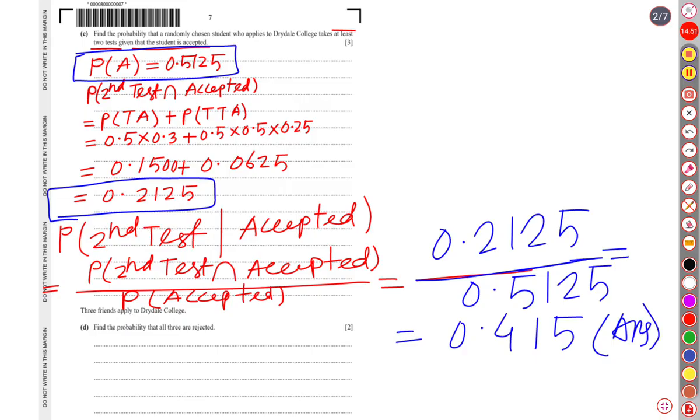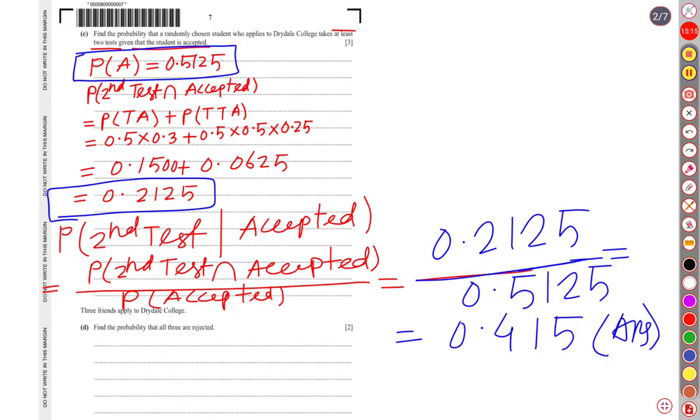So whenever such a question is given with a condition, first of all we will find the probability of the latter one, that is accepted. Then we have found accepted and second test, the intersection of these two. After that, it will be the second test intersected by accepted divided by accepted without any restriction.